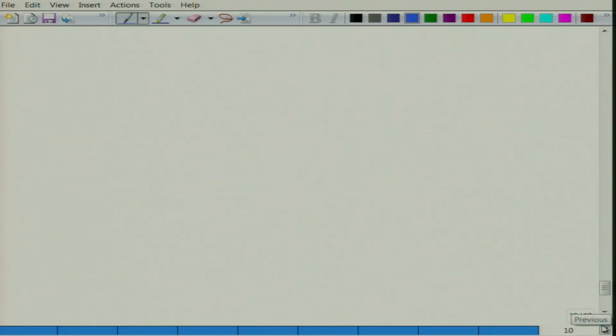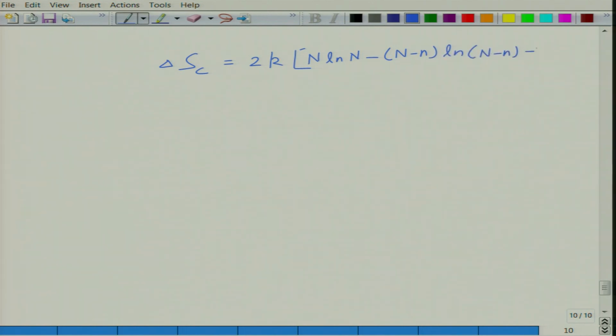If you apply this, you can do the maths yourself, delta Sc is equal to 2k, where k is the Boltzmann constant, times n ln n minus n minus n ln n minus small n ln n, and hence the total energy change delta G is now equal to n delta Gf minus 2kT times n ln n minus capital N minus small n ln n.